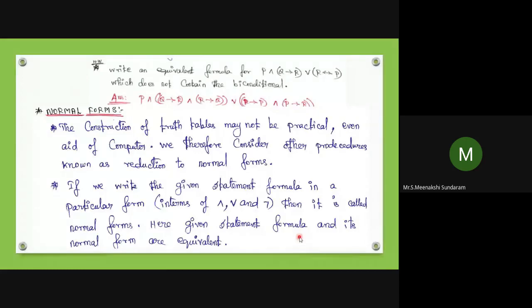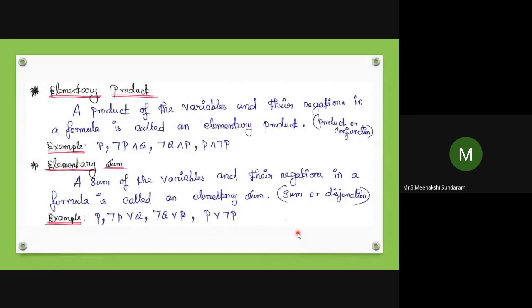Before that, we go for elementary product and elementary sum. Here product indicates conjunction, and sum indicates disjunction. A product of variables and their negations in a formula is called an elementary product.